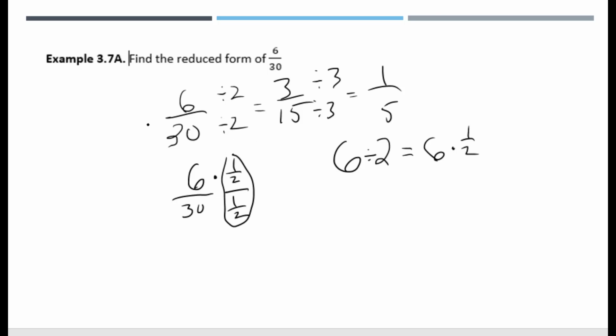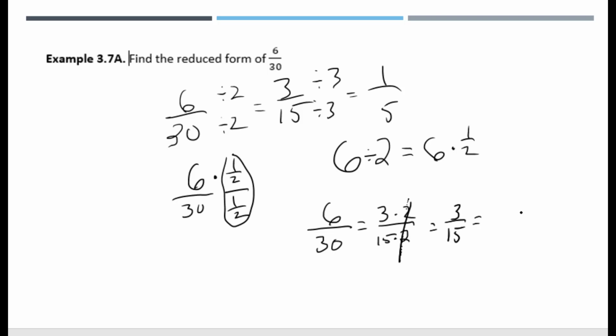But what I'm going to do here is just do this a little different way. So 6 divided by 30. I'm going to break these into common factors, if I can find any. Like I know this is 3 times 2, and I know that that's 15 times 2. 2/2 is 1, so I can just cancel that, and I'm left with 3/15.